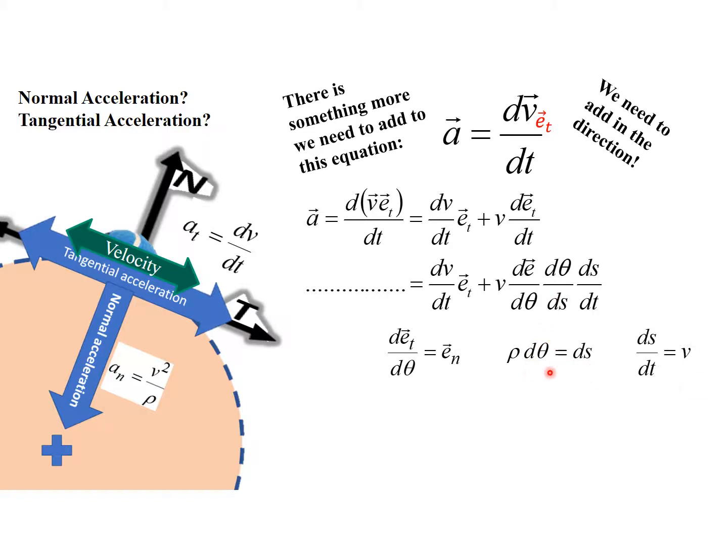This is like circumference equals 2πr kind of a deal. And then how that tangential direction is changing with theta, well, that's in the normal direction, right? So instead of shooting off in a straight line, it gets pulled back in the normal direction. And you put that together, v times v, you get v squared. This turns into 1 over r in the normal direction. So there you go. There's the normal and the tangential pieces of your acceleration.